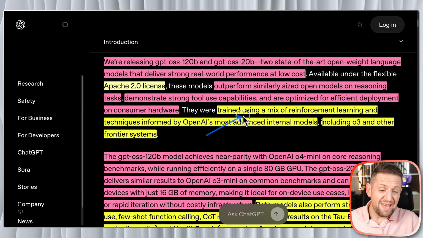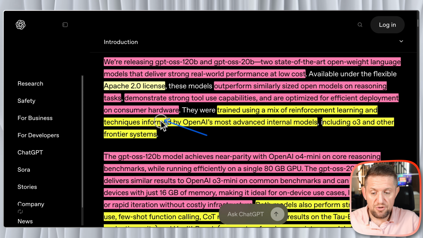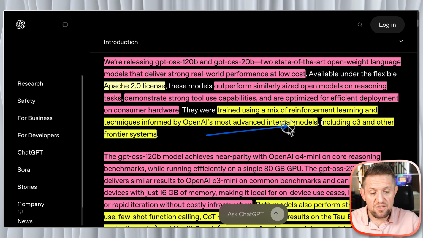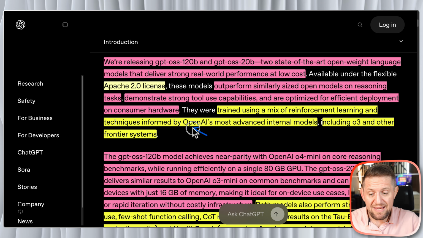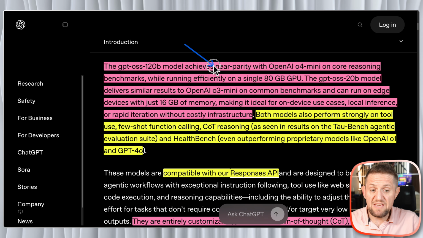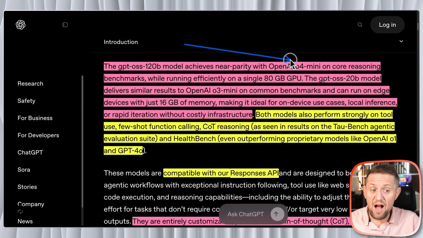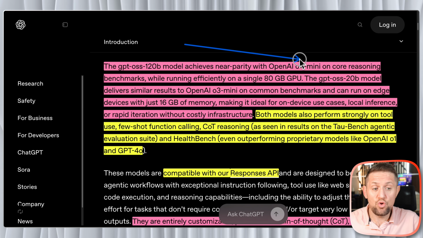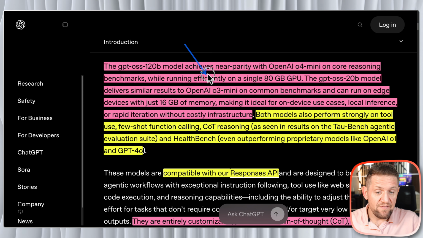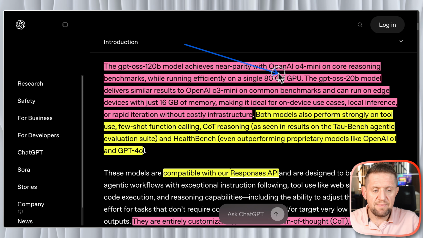These models were trained using a mix of reinforcement learning and techniques informed by OpenAI's most advanced internal models, including O3 and other frontier systems. The 120B model achieves near parity with OpenAI O4 Mini, which is a really good model, on core reasoning benchmarks, while running efficiently on a single 80GB GPU.